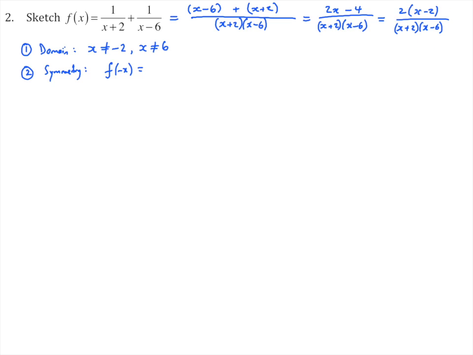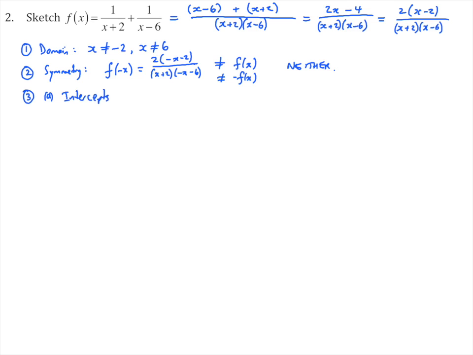It's going to become 2(-x - 2) over (-x + 2)(-x - 6). Now, if I take out common factors of minuses, that does not equal f of x, and it certainly doesn't equal minus f of x, which means this is neither odd nor even. It could be really weird.